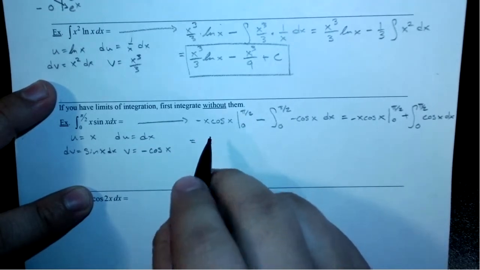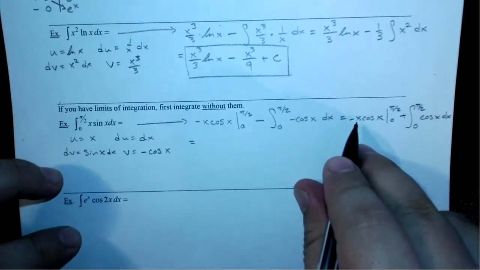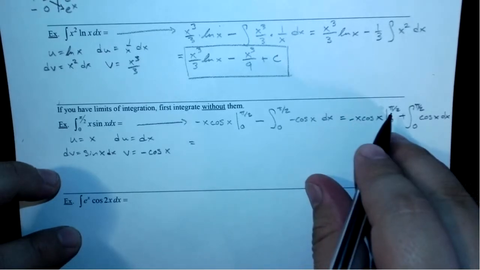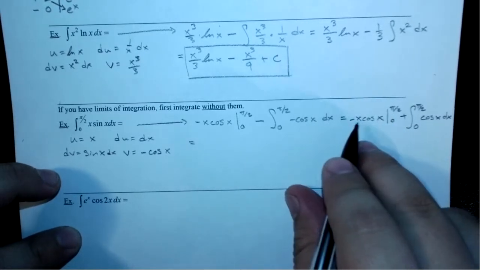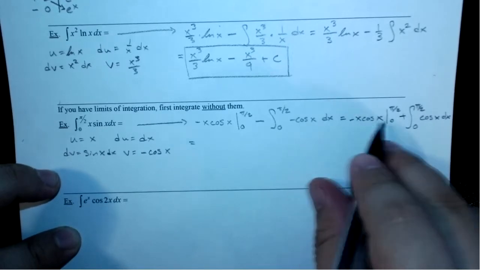And so we'll rewrite it. Well, actually, let's go ahead and evaluate this one. F of b will be negative pi over 2 times 0.